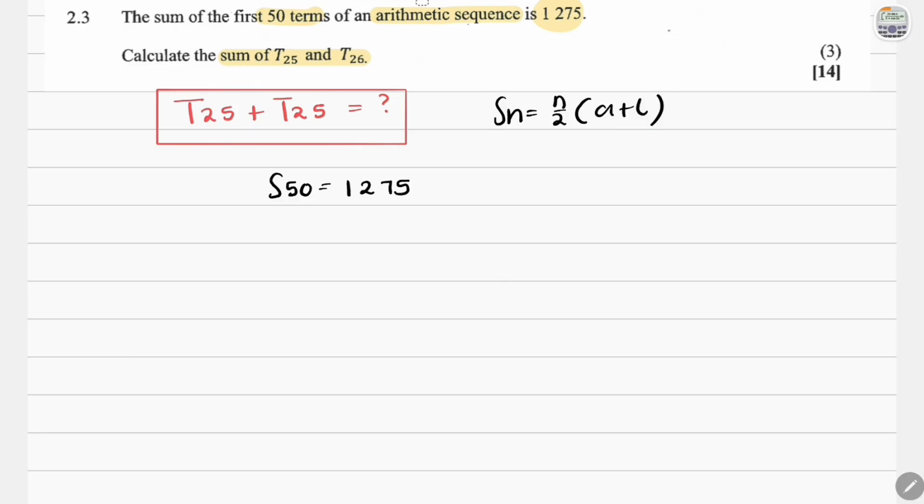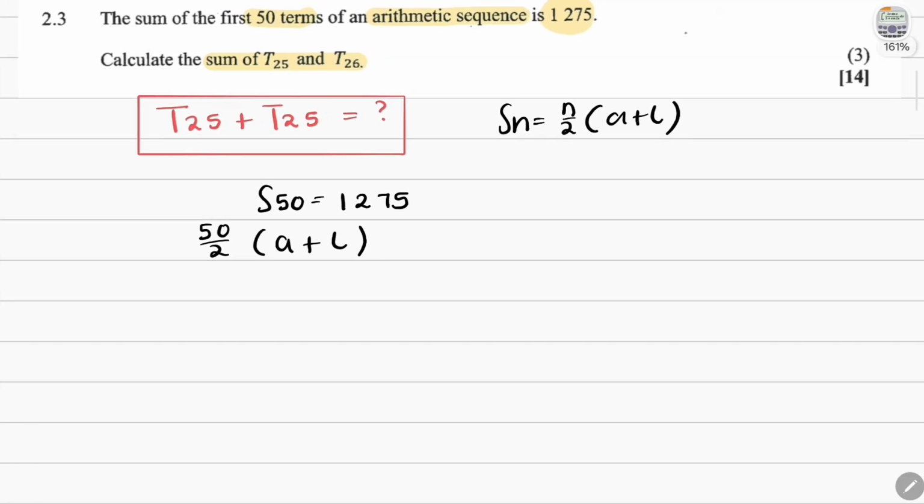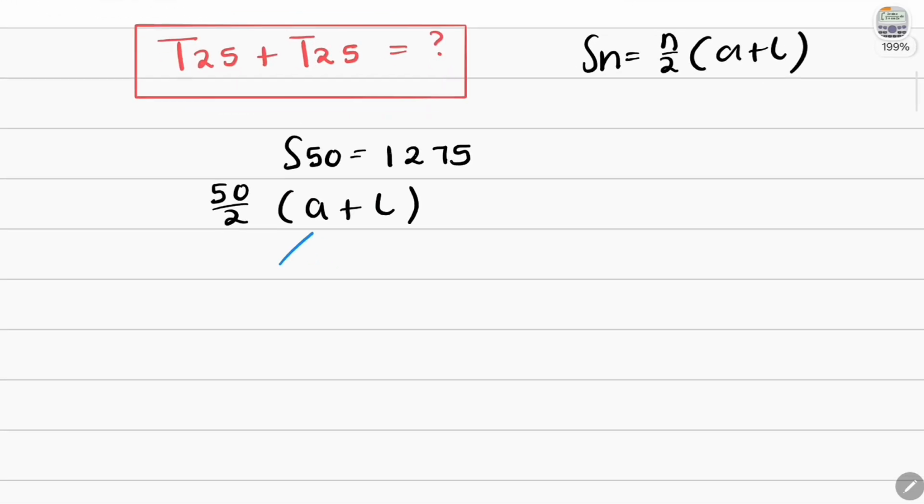If we use this one, the sum of 50 terms is 50 over 2 times a plus l. And I don't know what a plus l is. In this case, a would be your first term, l would be your last term. If we're saying the sum of 50 terms, term 50 is the last term.